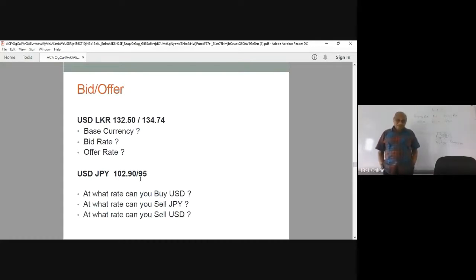Okay. At what rate can you sell Japanese yen? Now think logically. What was the previous one? At what rate can you buy US dollars? That means when you buy US dollars, you sell Japanese yen. Right? Then that is 100 to 90. At what rate can you sell Japanese yen?